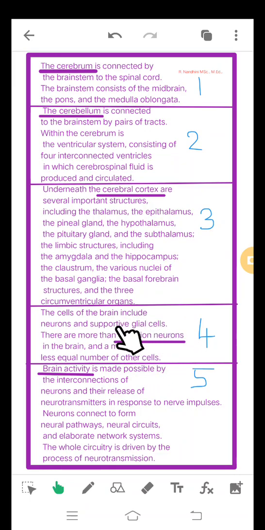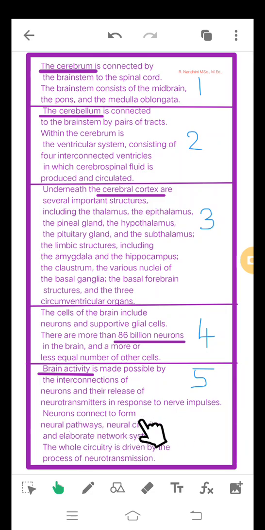See, 86 billion neurons. It is important. Then the fifth point: brain activity is made possible by the interconnections of neurons and their release of neurotransmitters in response to nerve impulses.